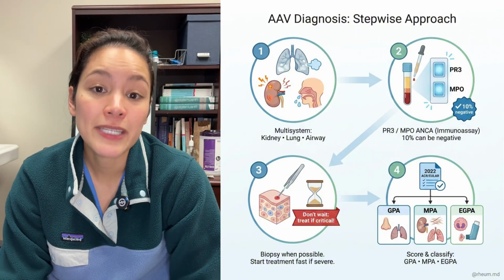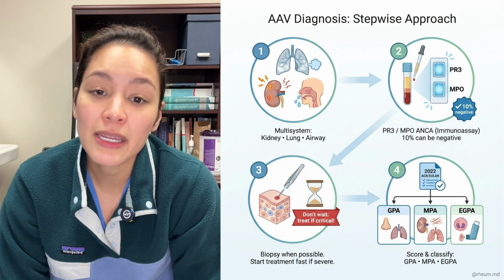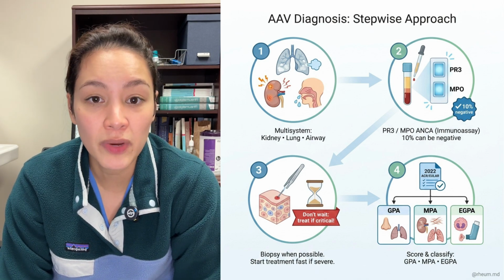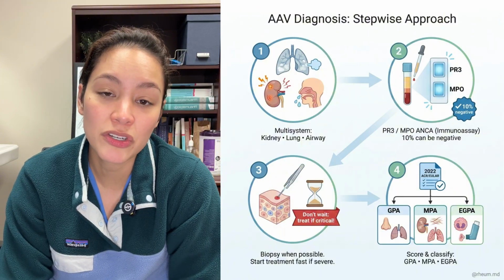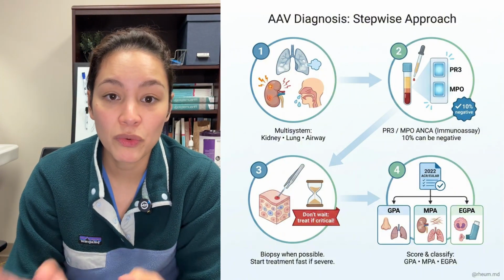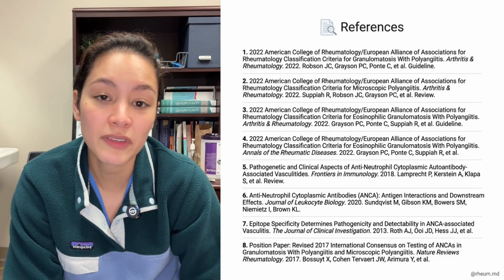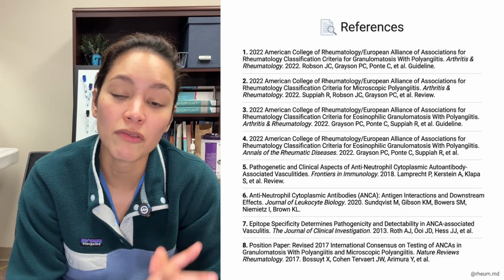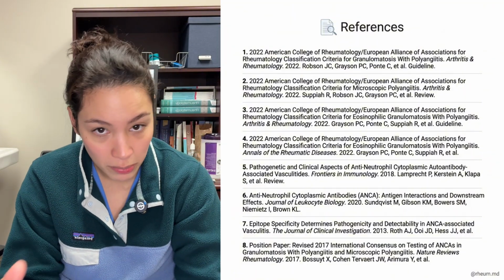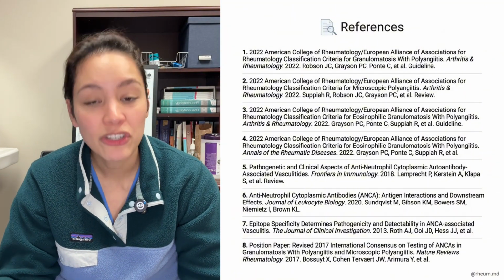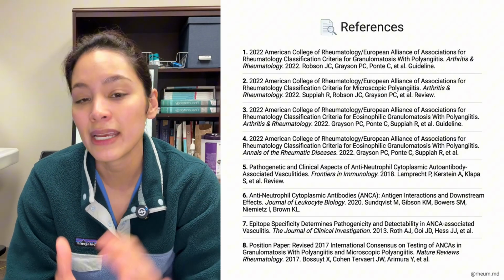Step 3, obtain tissue biopsy when feasible, but do not delay treatment in patients who are rapidly deteriorating. Step 4, use the ACR-EULAR classification criteria to determine which subset of ANCA the patient has. And remember that the classification criteria were primarily made for research, and in real life you have to look at the whole clinical picture and match the history, physical examination, labs, and biopsies in order to make a diagnosis.